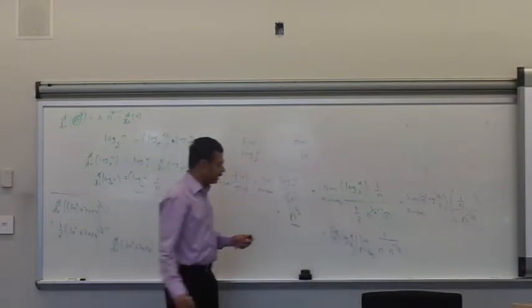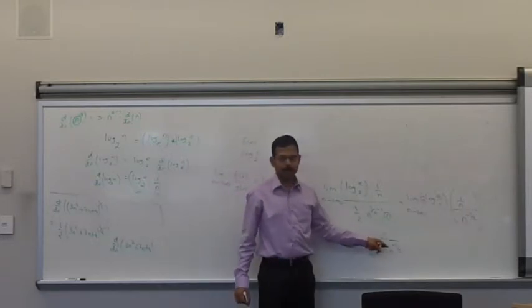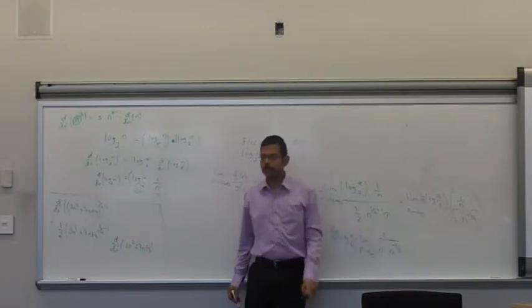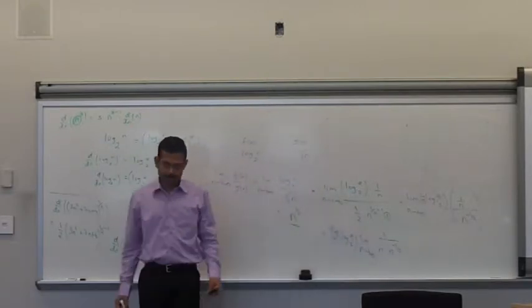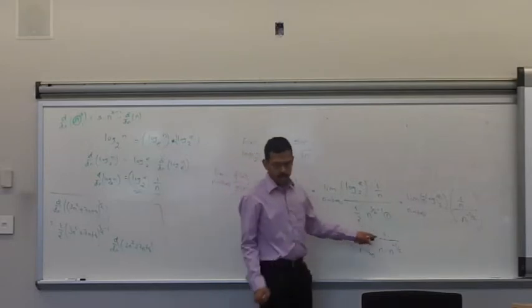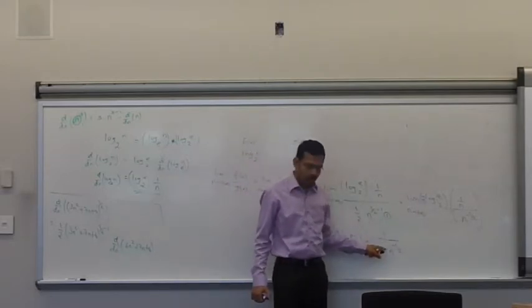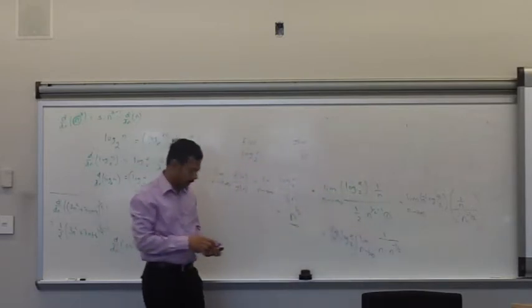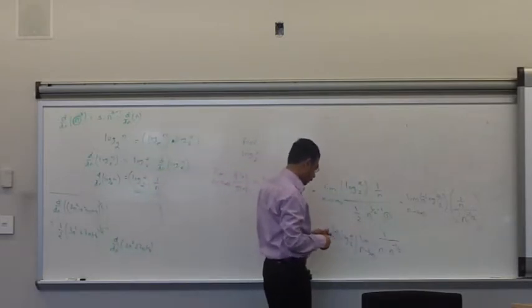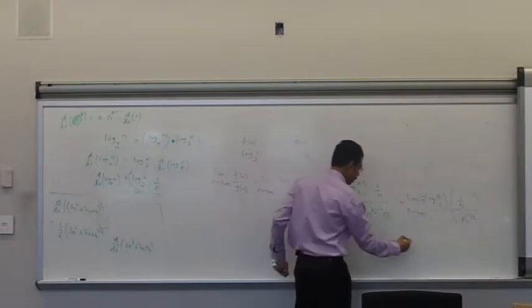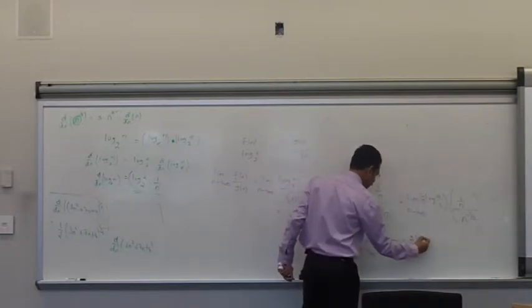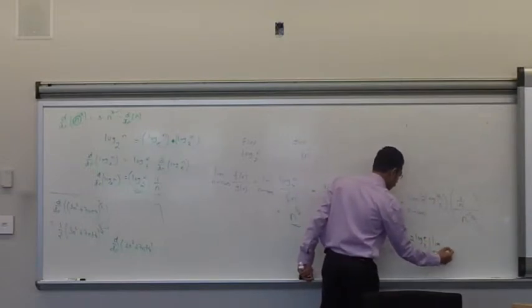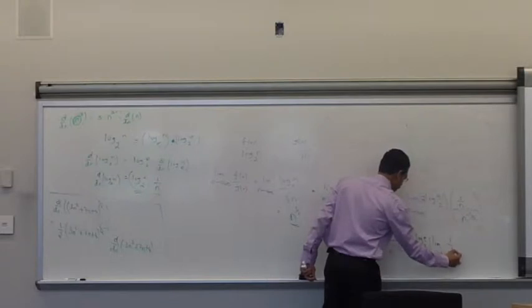So what is n times n to the negative half? It is n to the power 1/2, because n to the 1 times n to the negative half is 1 minus half in terms of the exponent, which equals half. So I can write this as 2 log e to the base 2, limit n tends to infinity, 1 over n to the power half.